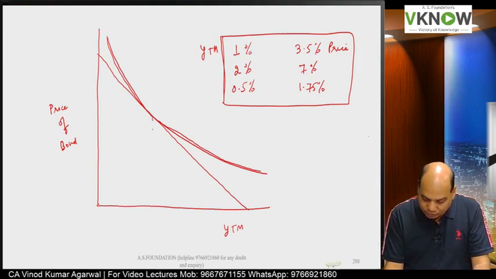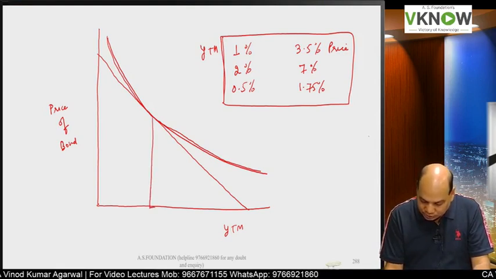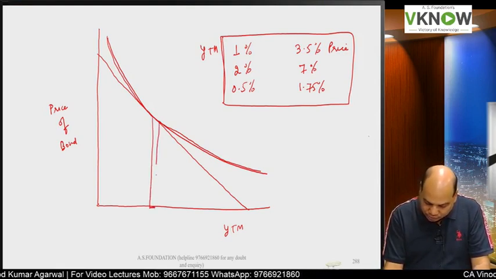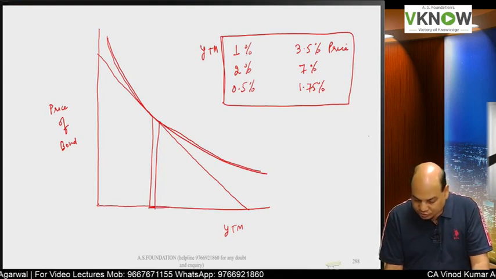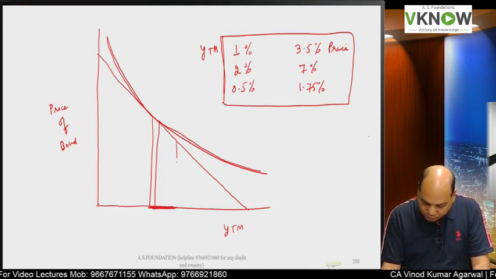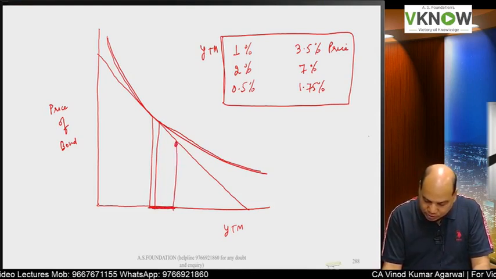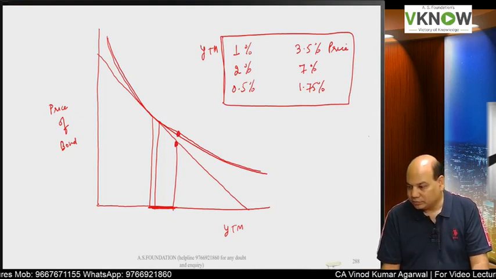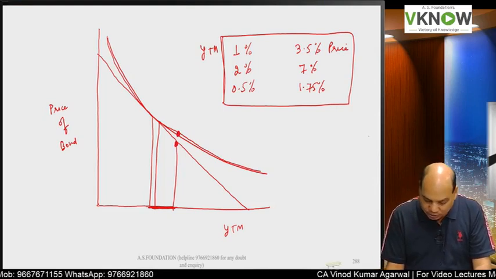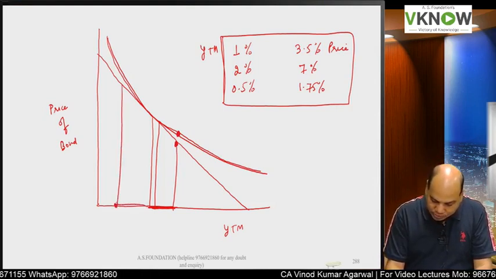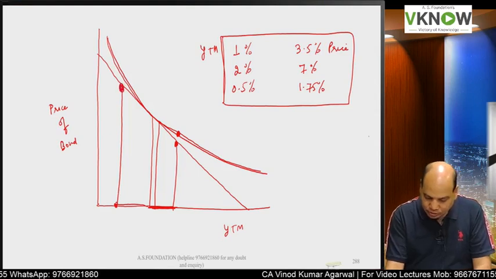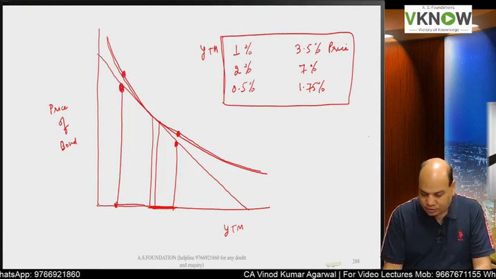So if there is a small change, let us say the change in YTM is very small, the two will almost be equal. But if the change in YTM is large, according to duration this will be the answer, but the actual answer is different. Similarly, if the YTM falls, according to duration this will be the answer, but the actual answer is different.